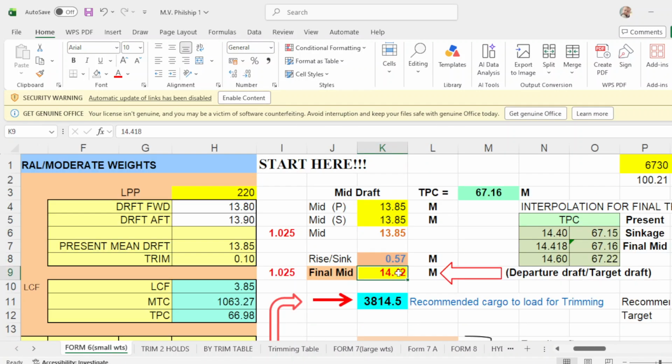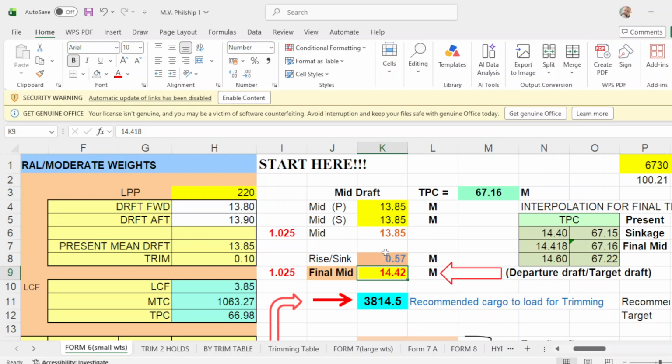So I got here 14.18, and your sinkage would be, what it means is, from 13.85 the vessel has to sink 57 centimeters to reach this departure draft of 14.18. So the vessel has to sink, meaning you have to load some cargo.